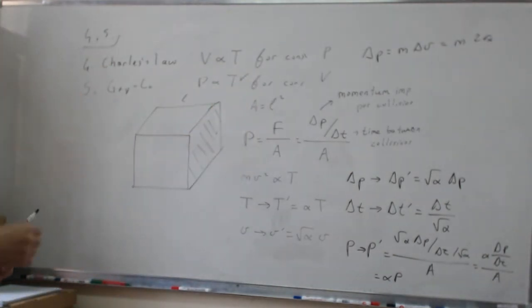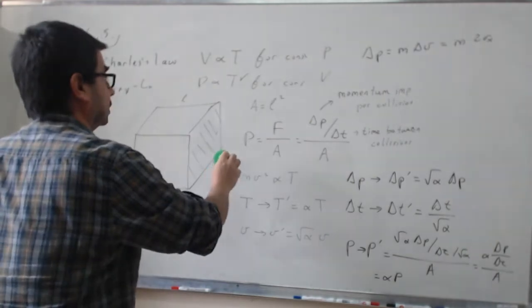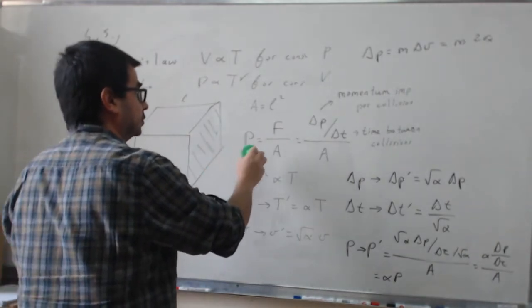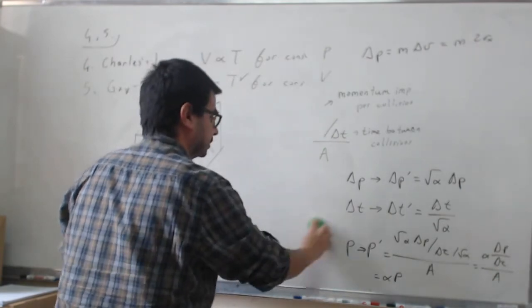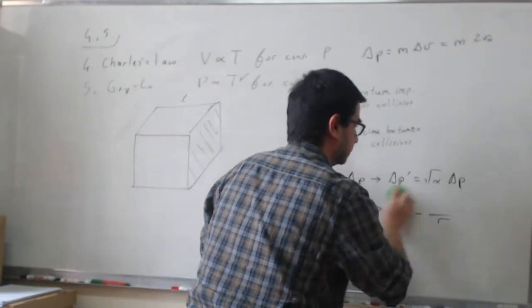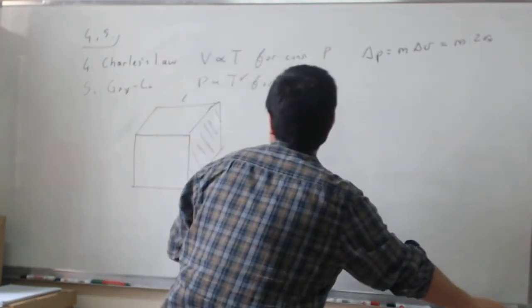Now, if you look at Charles's law, that V is proportional to T for constant P. Let me erase this, but even though I'm going to use the ideas from here, I don't think I need them in detail. That's a little bit more complicated, but the basic logic is the same.